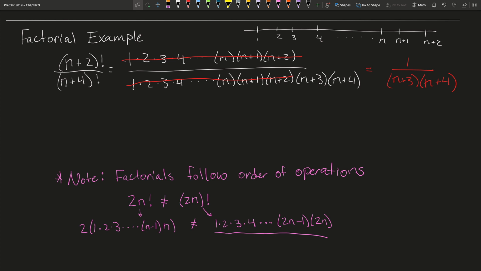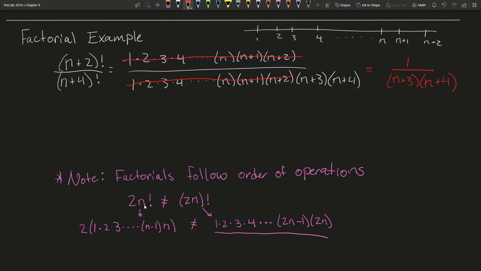Okay, and one quick note on factorials, they do follow order of operations. And it's on the same tier as exponents, right? So 2 times n factorial does not equal 2 times n and then that factorial. Those are two very different things. The factorial only modifies what it's directly by.